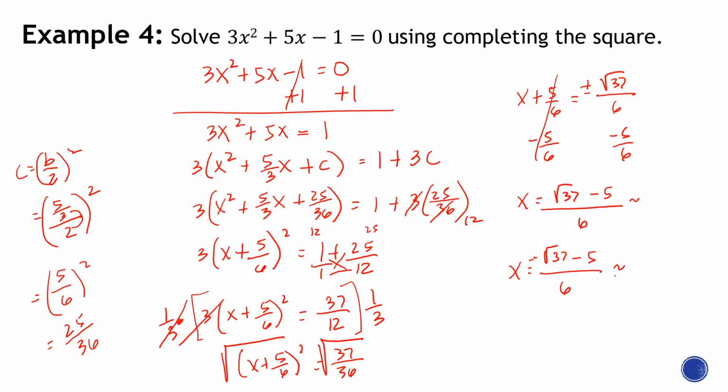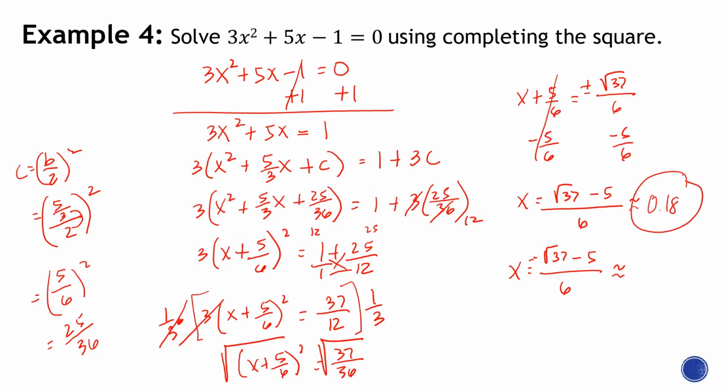Some teachers will tell you that they will accept that as the final answer, but some teachers will tell you to convert that into decimal. So let's convert that into decimal. It's going to be square root of 37 minus 5 divided by 6, which is approximately 0.18.